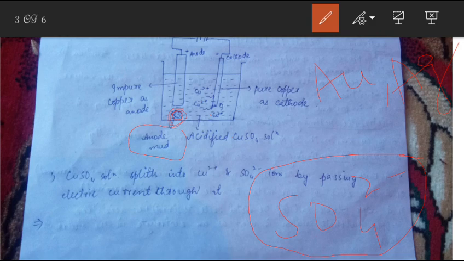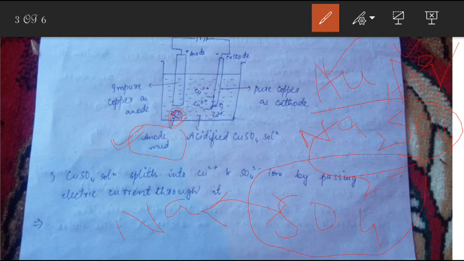For instance, if this copper contains a highly reactive metal like sodium, it will combine with the sulfate solution and form sodium sulfate, Na2SO4. But the least reactive impurities, like gold, silver or platinum, do not react with the sulfate solution. They will be collected below the anode, below the positive terminal of the battery, and that is called anode mud.